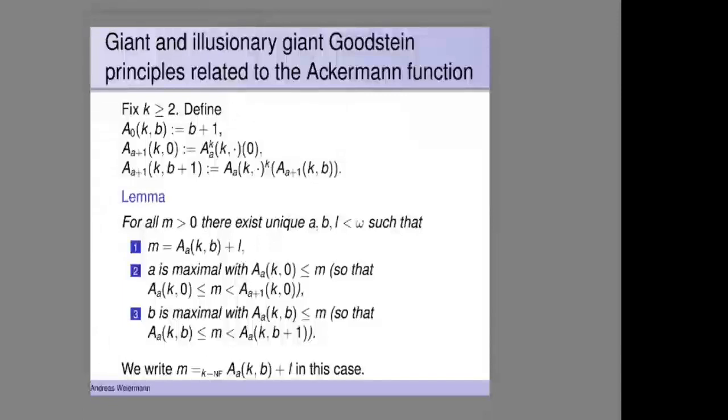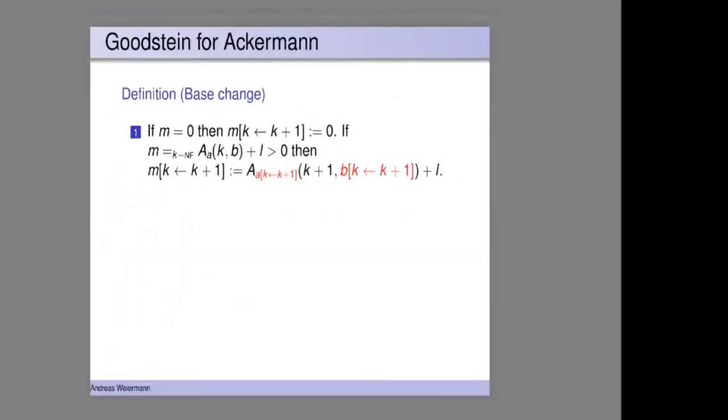Now having fixed the normal form, I can define base change operations. The base change operation is replacing k by k plus 1, and I have three base change operations. The first one is as follows. Of course, if m is equal to 0, I do not change anything.